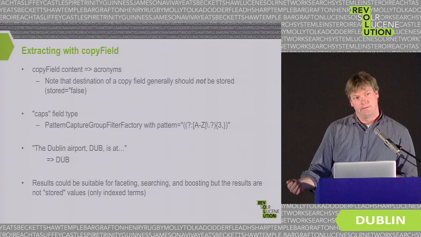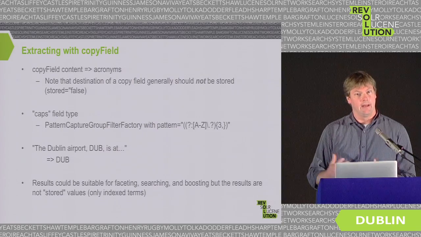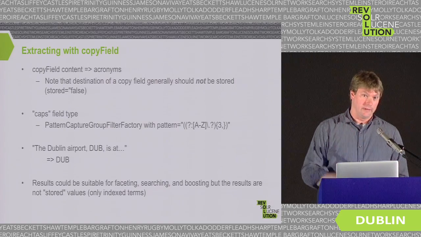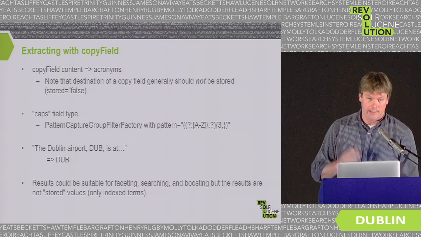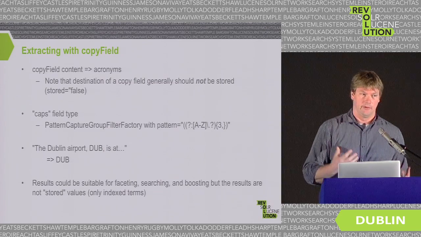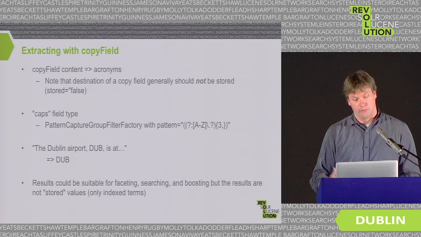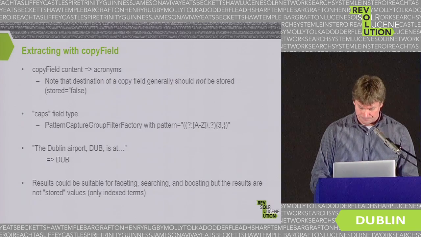So you can't simply retrieve it back when you get your results back. You can't put it in your FL and get it back. However, you can use index terms for faceting, for searching, of course, and if you need to use it for boosting or any types of indexed operations there, but again, not stored. Okay, we'll get back to that stored issue in a moment.